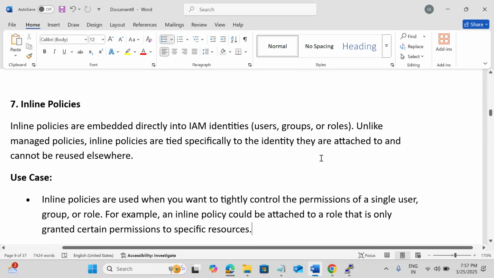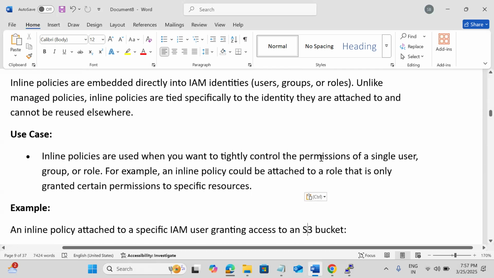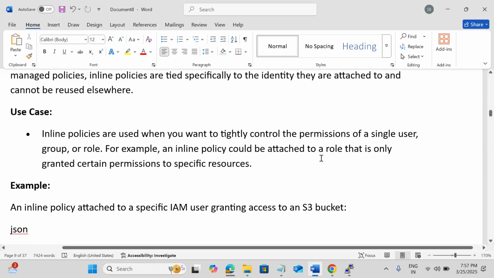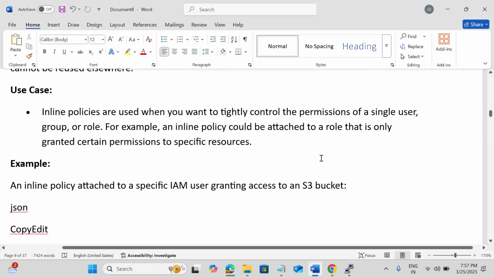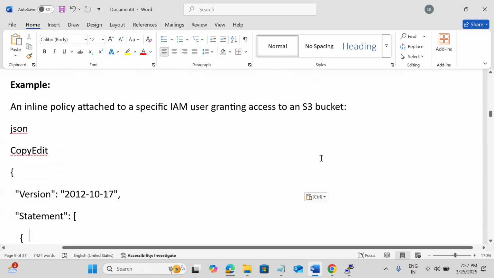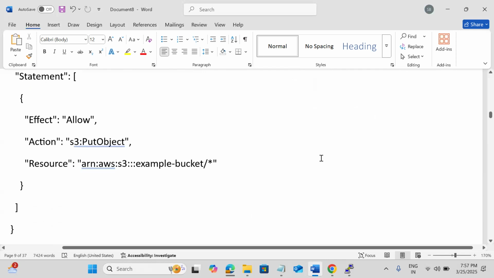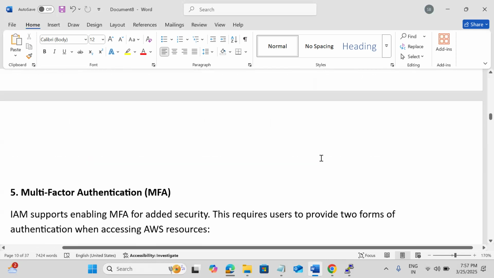With inline policies, we don't get reusability, since we attach them only to a single user or group. We give inline policies, but AWS recommends using managed policies.